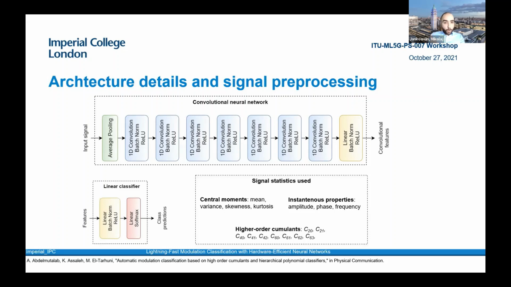These include central moments of the real and imaginary part of the signal, instantaneous properties of the signal based on the Hilbert transform of the raw samples, and the higher order cumulants. Use of these features was partly inspired by classical modulation classification methods, including the paper described below, written by Amin, Abdelmutallab and others.